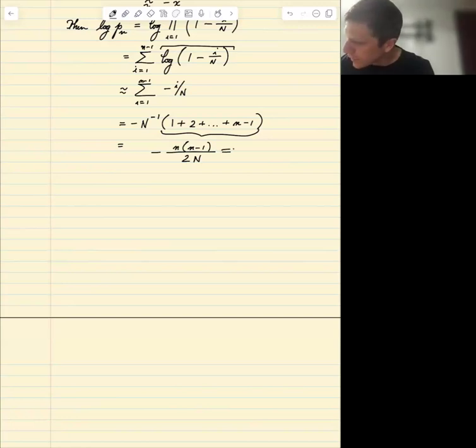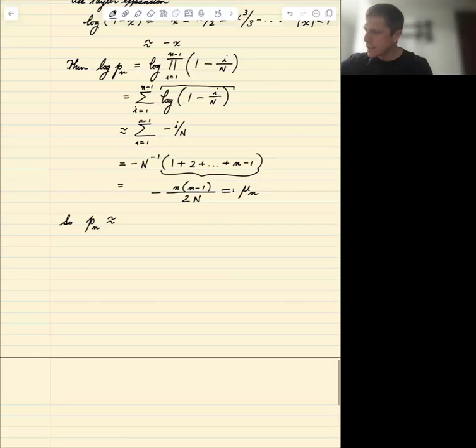We define this quantity as mu sub n. So the log of Pn is approximately mu n. Now we take the exponent to get Pn is approximately e to the power mu sub n, for n satisfying this definition. Anyway, that is how we approximate this.